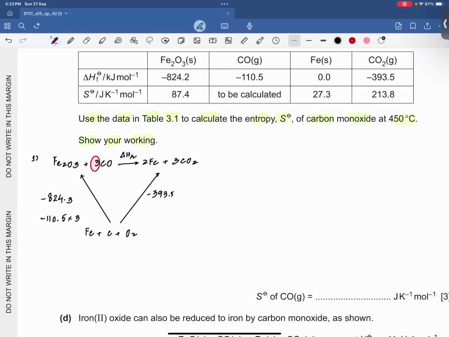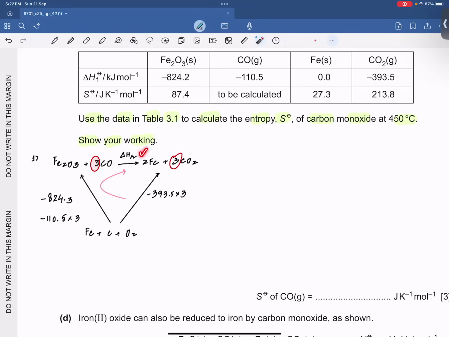And I need to multiply this value by 3 again because carbon dioxide has 3 moles in the equation. Now there is no value of iron here because for diatomic molecules and for elements, standard enthalpy change of formation is always 0. All right. So I'm not going to use the value of iron.